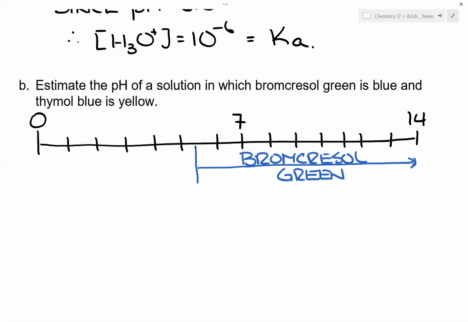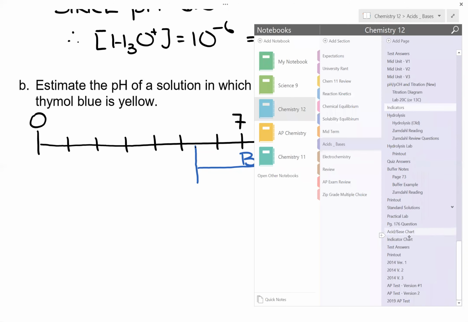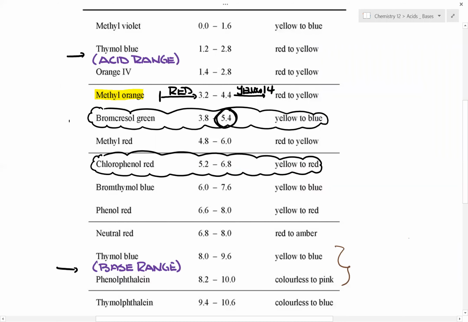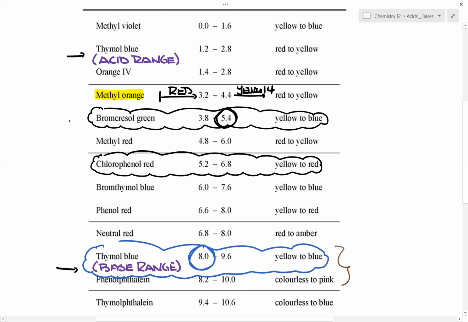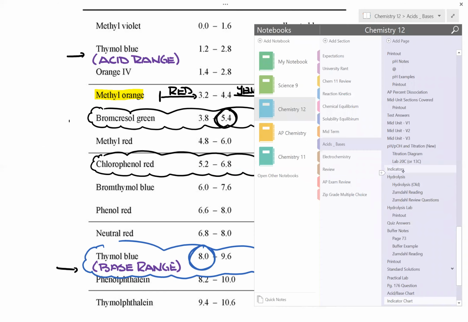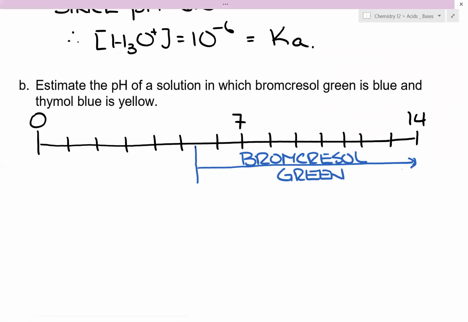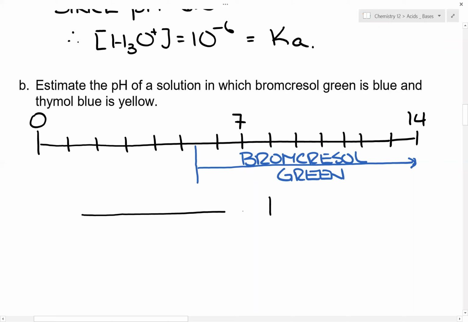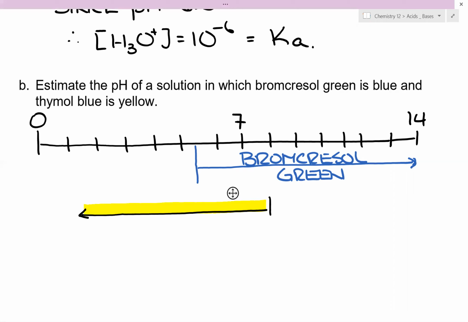Now it says thymol blue is yellow. So if we look at our indicator chart, thymol blue is yellow everything below 8. So if we go from 8 all the way back, this will be yellow for thymol blue.